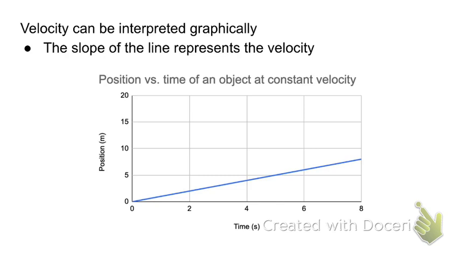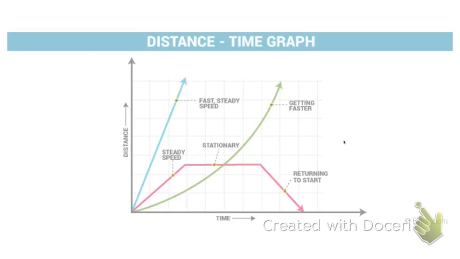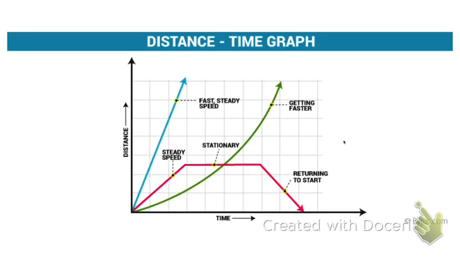On a position time graph, the lines mean different things. For example, a straight diagonal line that doesn't curve at all is a steady speed, a constant speed. A horizontal line means that an object is stationary, which makes sense, right?